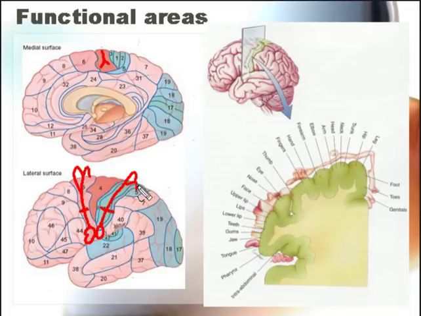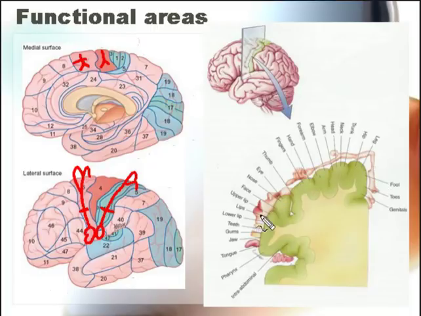And this is the picture of the body, and the way the body is represented, the proportions are different for each aspect of the body. This kind of disproportionate representation which you're seeing is known as a homunculus.